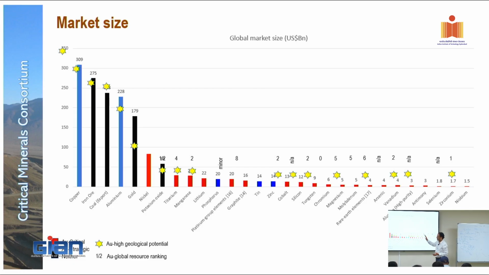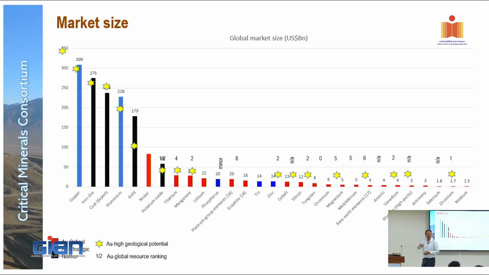From potash. Someone said potash, right? And phosphorus. You know where phosphorus and potash are used? What is the main purpose? Fertilizer. NPK, right? N is nitrogen, P is phosphorus, K is potash.